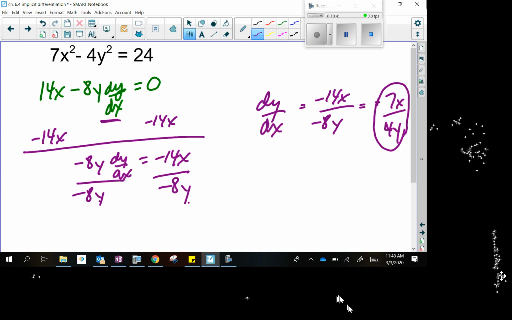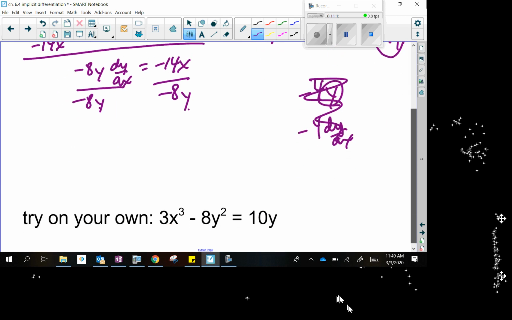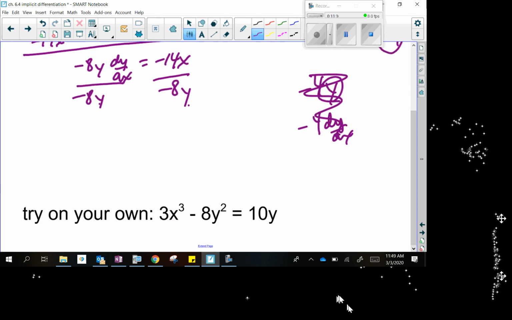Catherine. Yes, if this were just negative 4y, then the derivative of negative 4y would just be negative 4, but we would still have the dy dx to represent the derivative of what's inside.